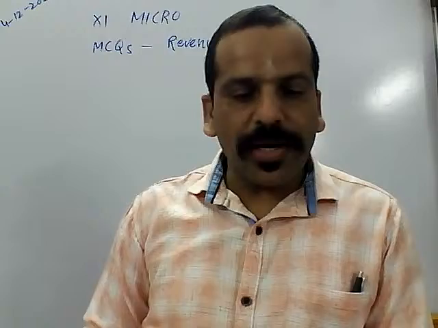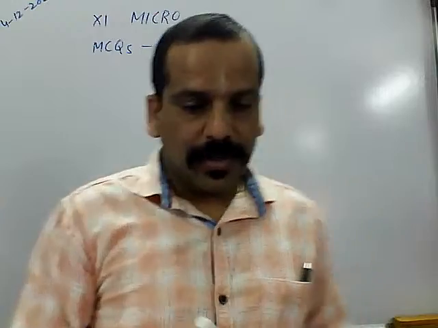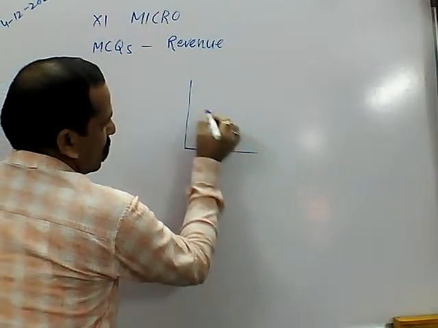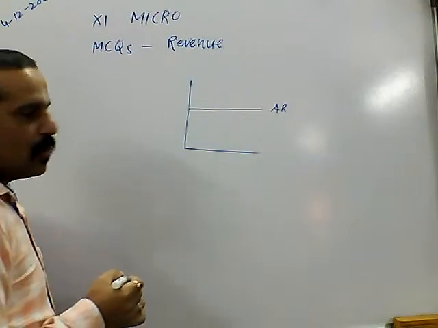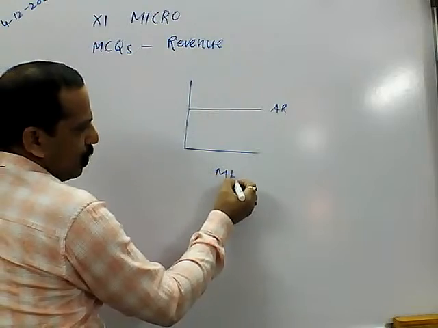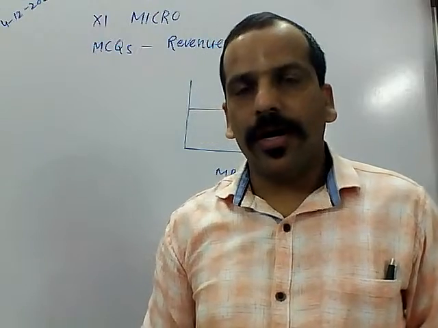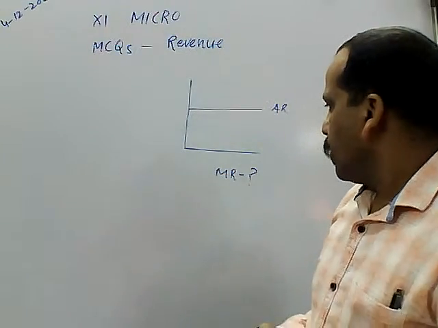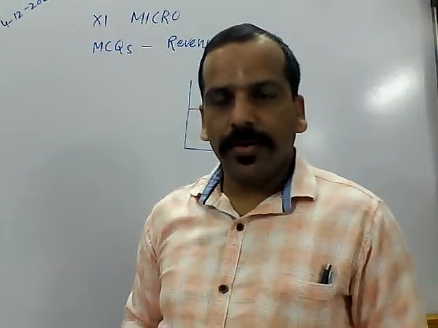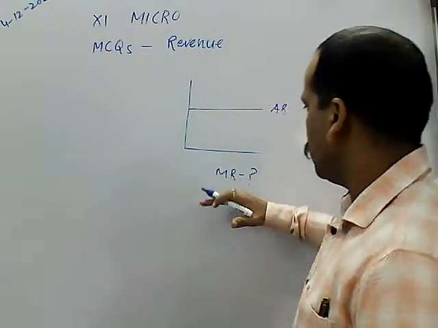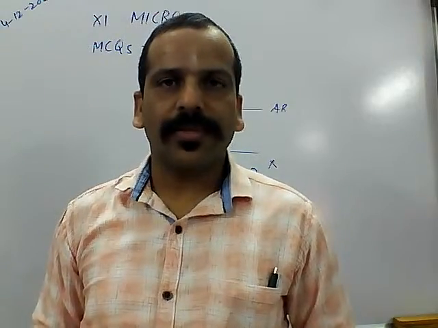Question number 1: when the average revenue curve is a horizontal straight line, then marginal revenue curve will be downward sloping, upward sloping, parallel to the OX axis, or inversely S shaped.